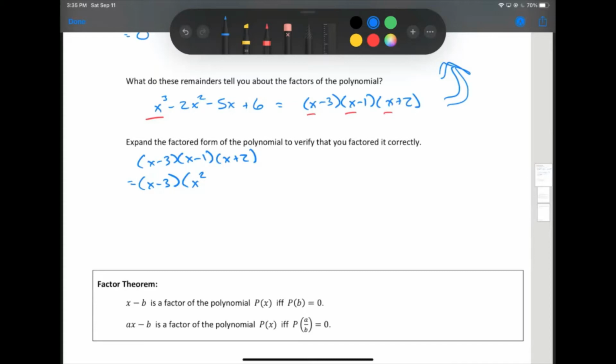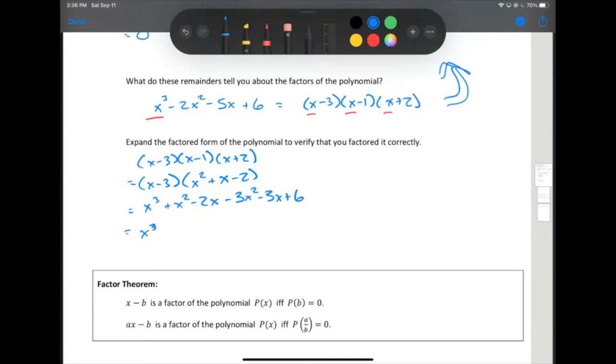We're going to have an x squared, a minus x and a plus 2x is just going to be plus x, and a minus 2 at the end. And now when I expand that out, I should get temporarily 6 terms. That'll be an x cubed plus x squared minus 2x minus 3x squared minus 3x plus 6.